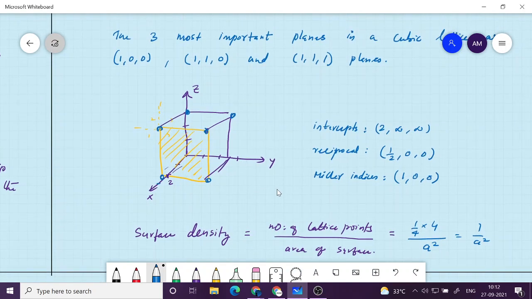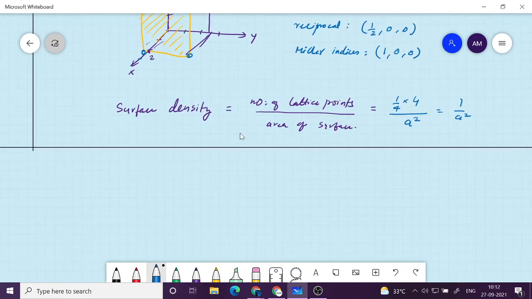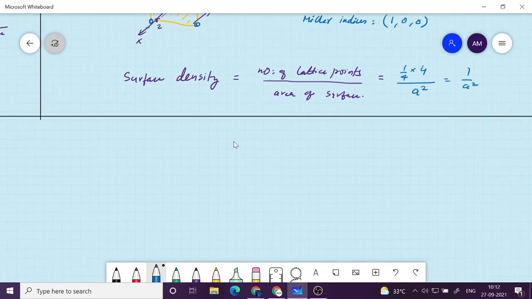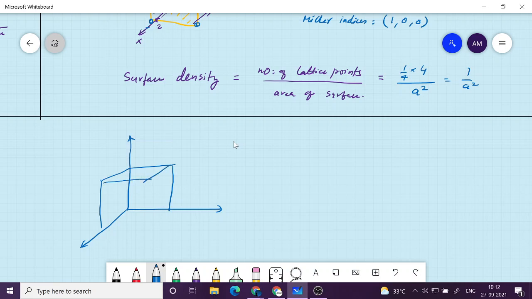Now what about 1, 1, 0? So 1, 1, 0 is a little more difficult to show, but I'll try. So this is our cube. Atoms are all at the corners.